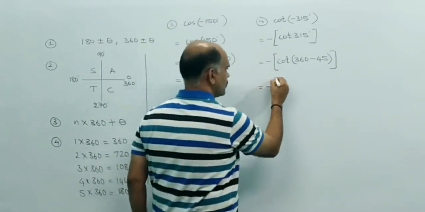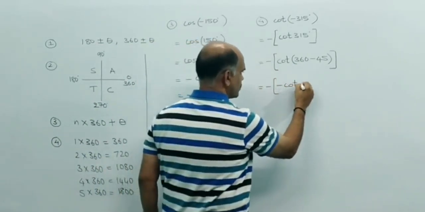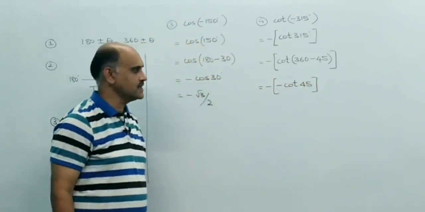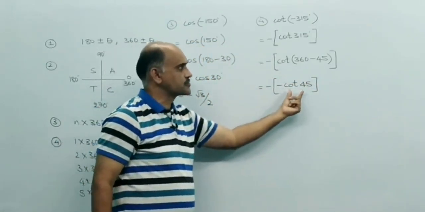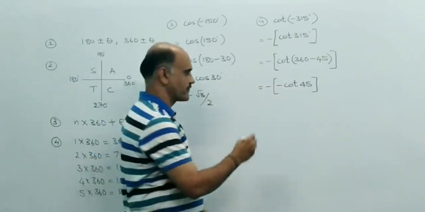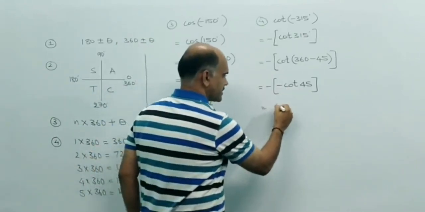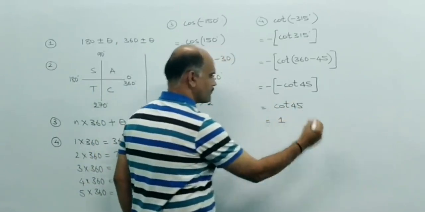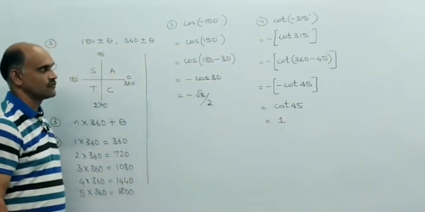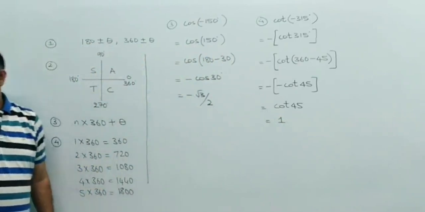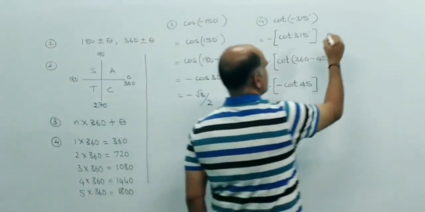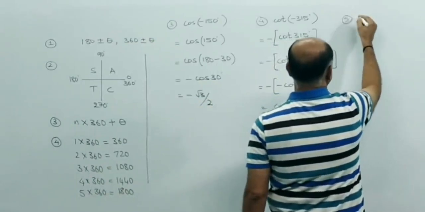So you will have minus cot 45. Now substitute the value of cot 45. So minus into minus is plus cot 45. Cot 45 is 1. So the answer is 1. Clear, students?